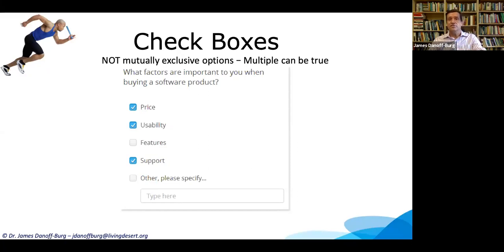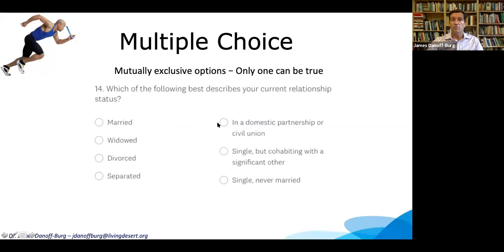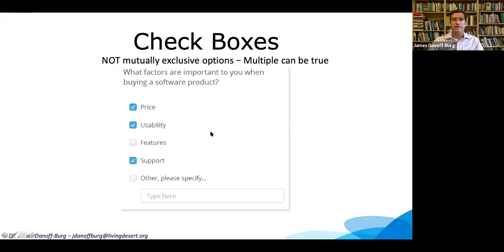And again, checkboxes have squares, and you'll see when they're not checked, they look like that very frequently in the online survey tools. If they are checked, they usually change color and sometimes show a check mark, as opposed to multiple choice, which has an open circle. Okay, so checkboxes, very useful type of items.